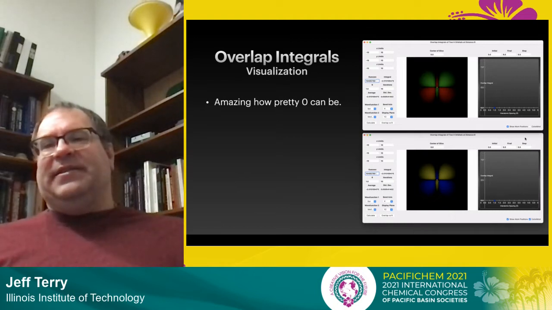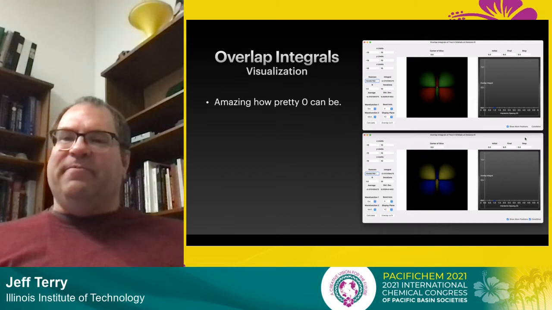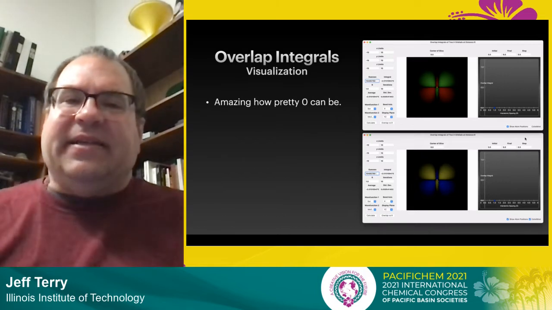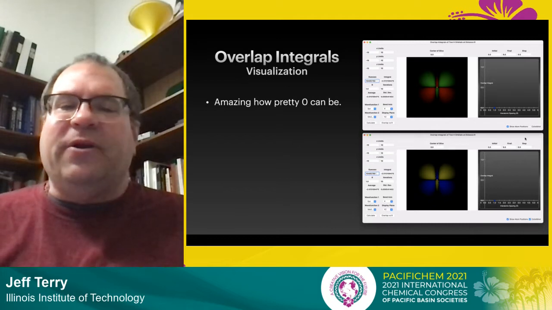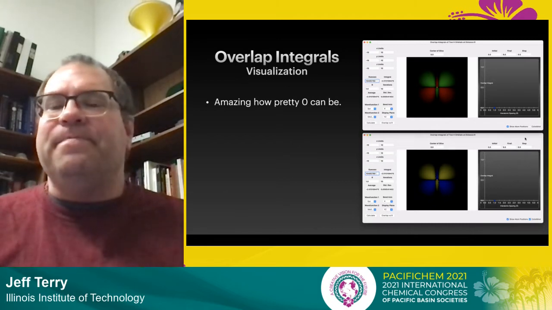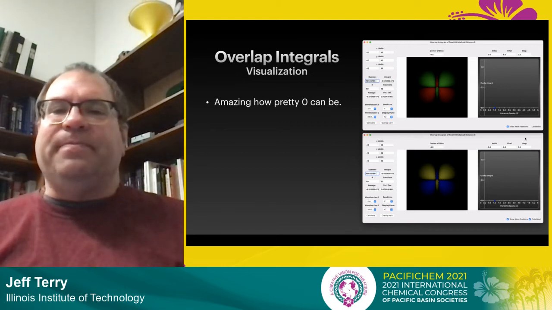Now, one of the reasons why I like doing this is it's really amazing how pretty 0 can be. These are 2pz, 3d x squared minus y squared overlap at a bond distance of 1 angstrom.